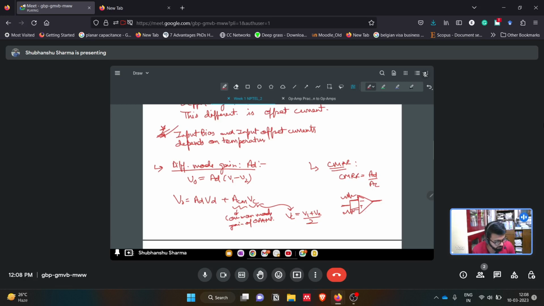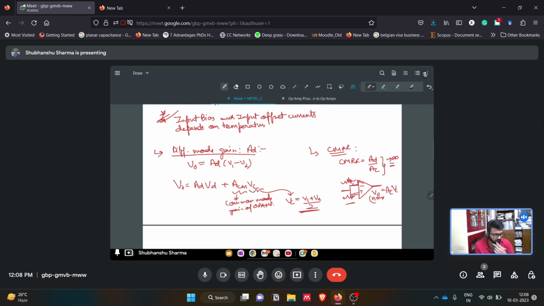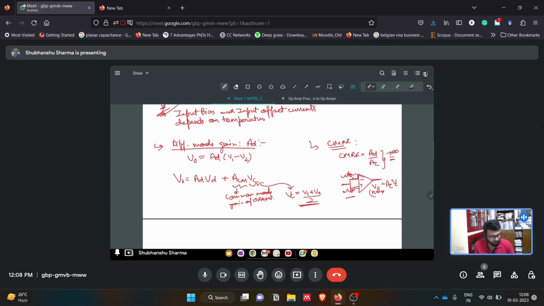So there is some gain because of these noise voltages also. Because of noise, the output voltage of the op amp includes ACM into VC, the common mode voltage, that is (V1 plus V2) by 2. That's why instead of going to infinity, CMRR has some finite value.